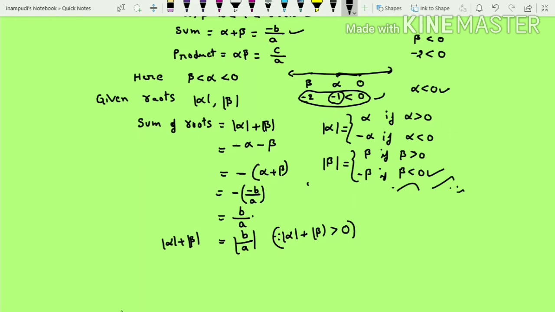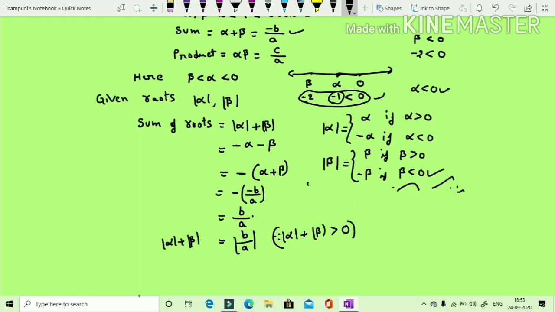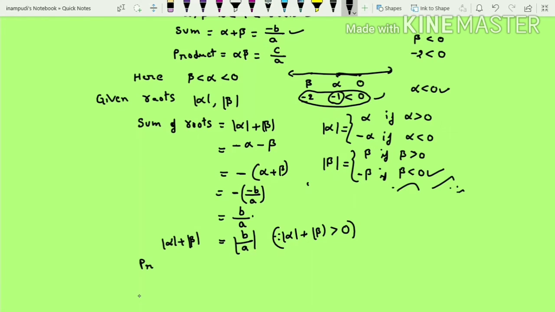Next, we analyze the product of roots. The product of roots is equal to mod alpha into mod beta.